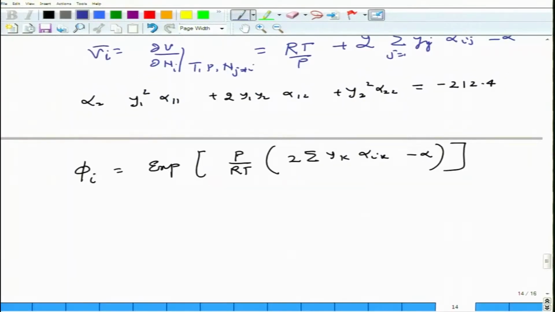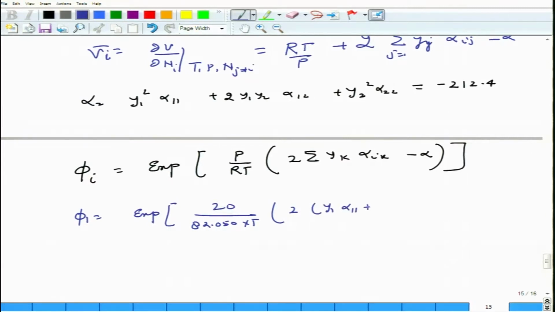Now, with this information, you can write down phi_1 and phi_2. So, phi_1 is going to be exponential of 20, the pressure in atmosphere units, divided by R, times 2 times y1 alpha_11 plus y2 alpha_12, plus 212.4, which is alpha.